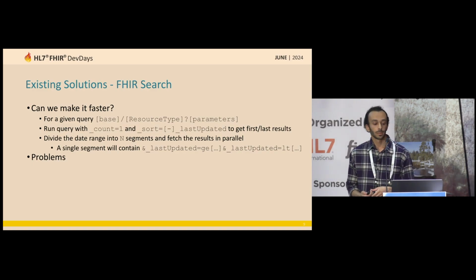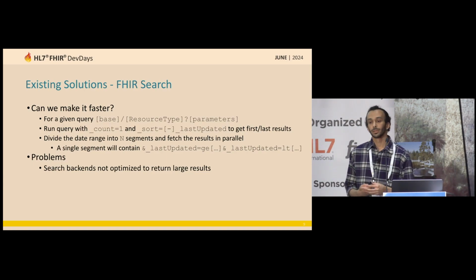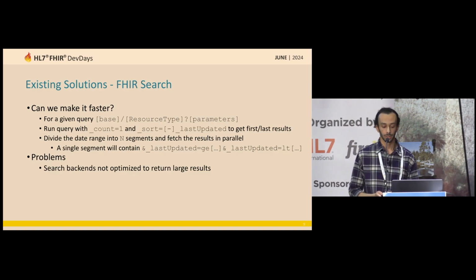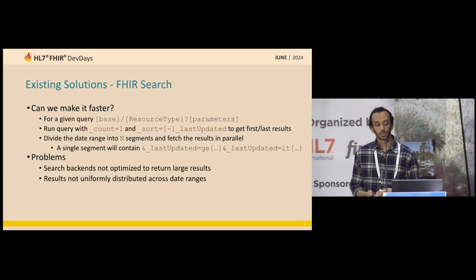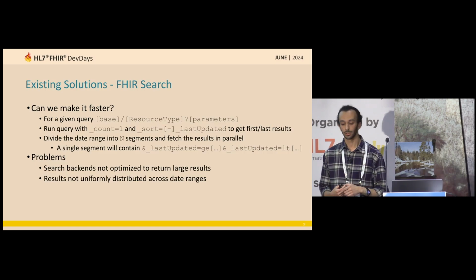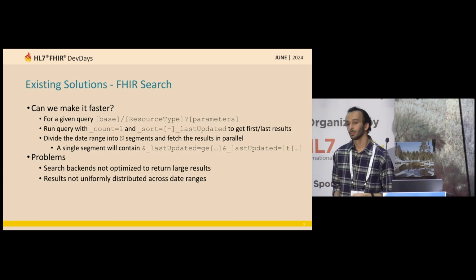But still, the problem is that most search backends, or at least our implementation, are not optimized to return such a large number of results. Here we're speaking at the scale of millions or billions of resources in a store. Also, it's not common for the resources to be uniformly distributed according to the last updated field, because you would assume there are peak hours, for example, in the hospital where you would get a large number of resources.